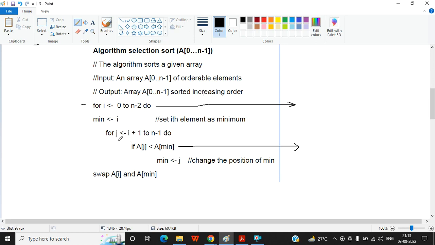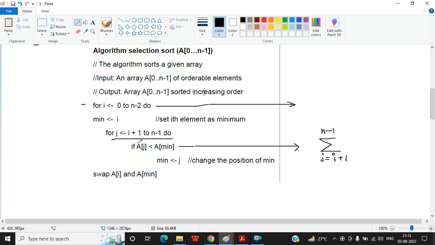But look at the for statement. Can I say that this statement will iterate for the total, j equal to i plus 1 to n minus 1? This we were writing in summation form, na?